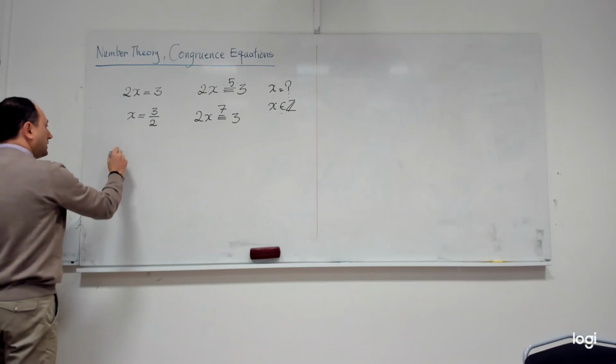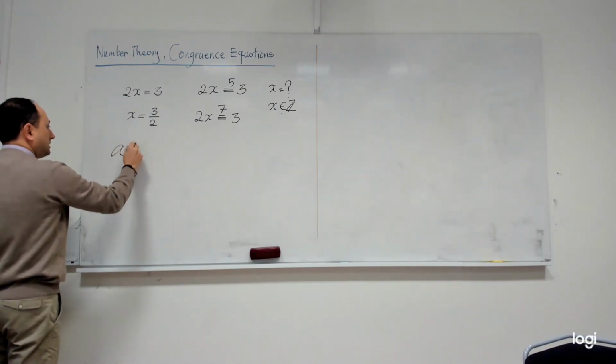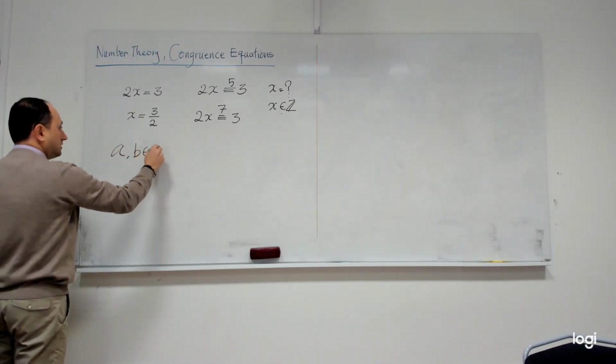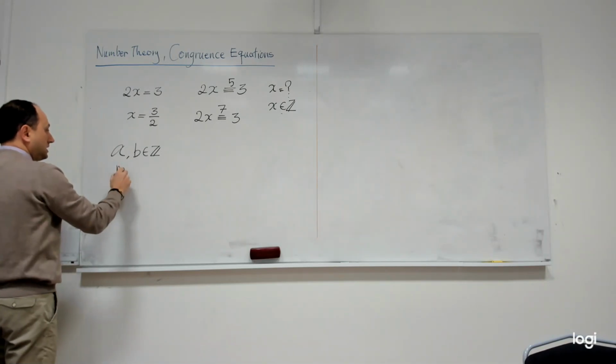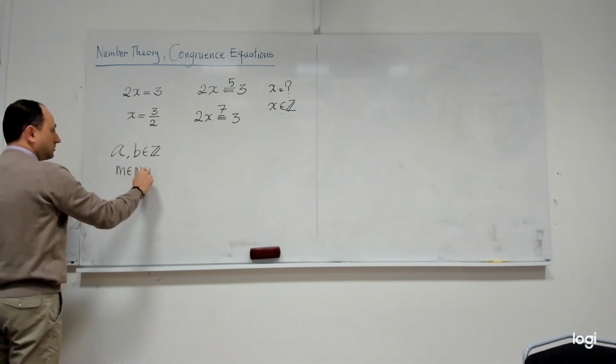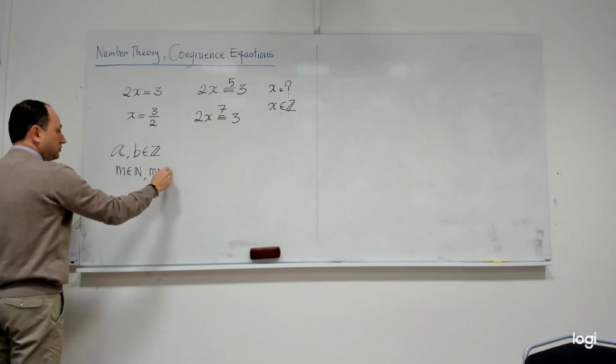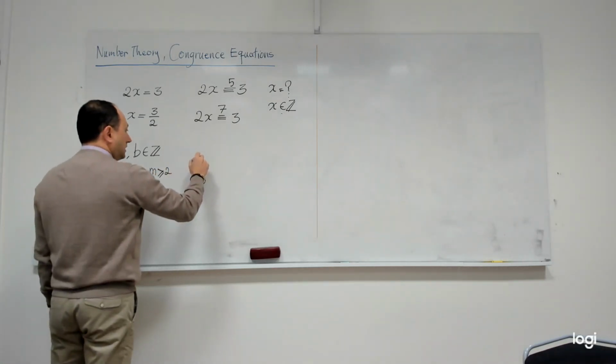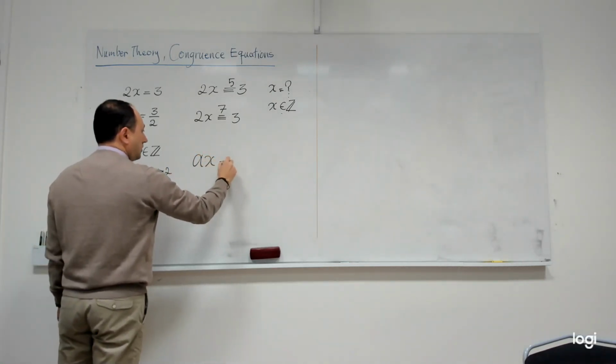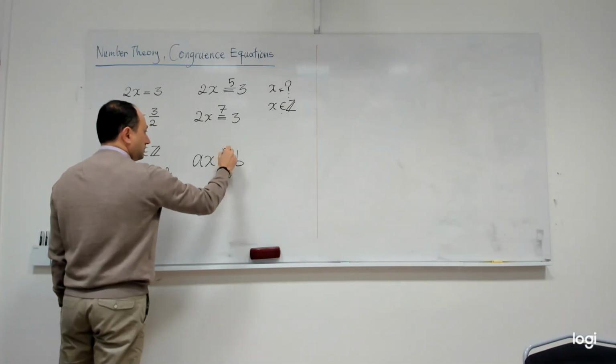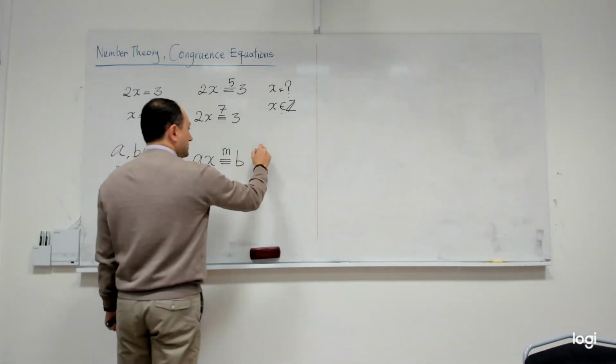So we have A and B are integers. M is a natural number greater than or equal to 2. And then Ax is congruent to B modulo M is called a congruence equation.